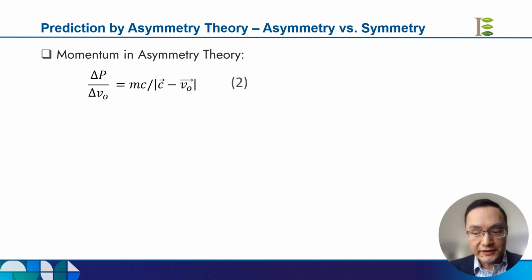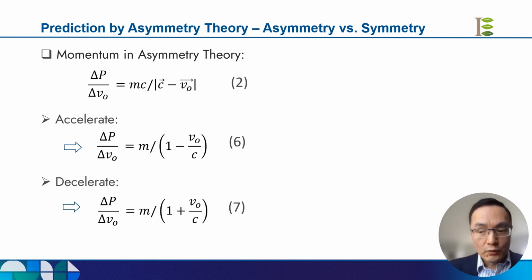But asymmetry theory made a surprising prediction. This is the formula that we mathematically derived for the ratio of momentum to speed change. As you can see, the ratio depends on the direction of the velocity of the particle, which means the ratio will be different for acceleration versus deceleration.